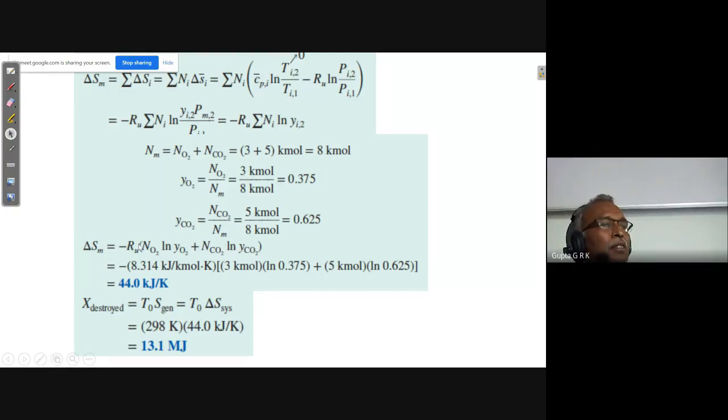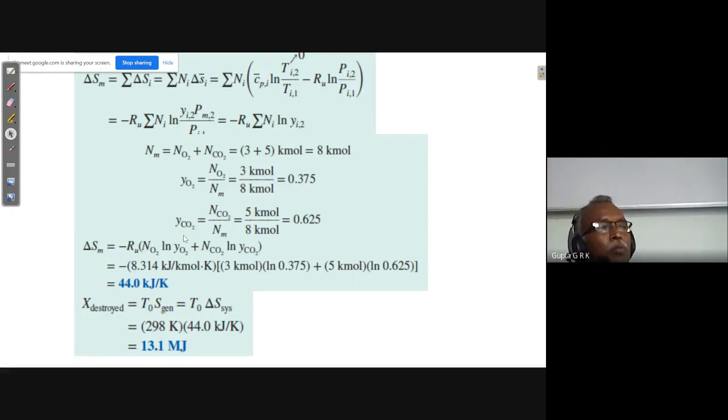Here R bar we know, the number of kilomoles of oxygen is 3 and YO2 is 0.375, plus 5 into 0.625, and that gives this. So this Sgen into T0 will give me the exergy destruction. Like this I can find the exergy destruction for the mixture.